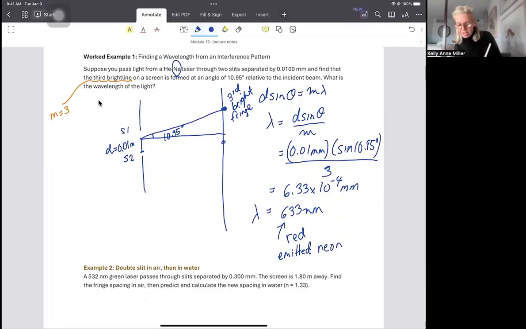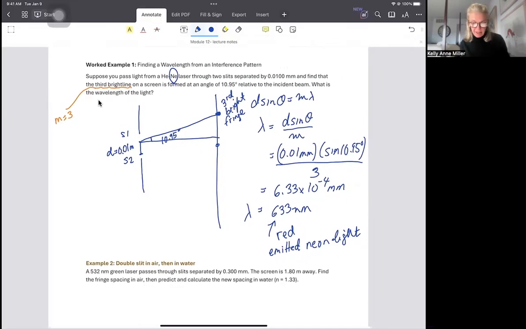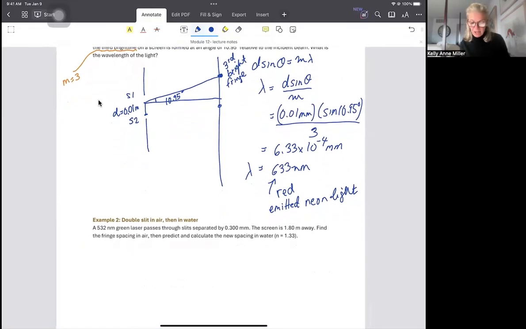That would be the wavelength emitted by a neon light, which makes sense because this is a helium neon laser. So it would be a red light we'd be talking about. That is an example that hopefully gives you an idea of how this works.